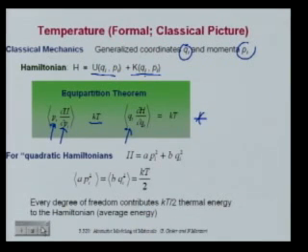Now, for quadratic Hamiltonians, you'll see we get a more useful and more common result. A quadratic Hamiltonian is one where the energy terms are second powers of the coordinates, and this is what you very often get.